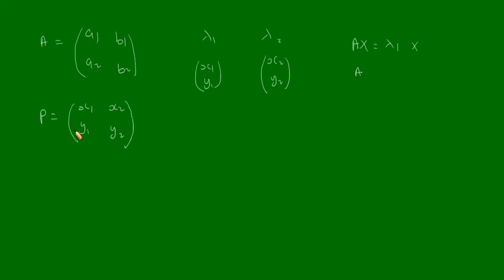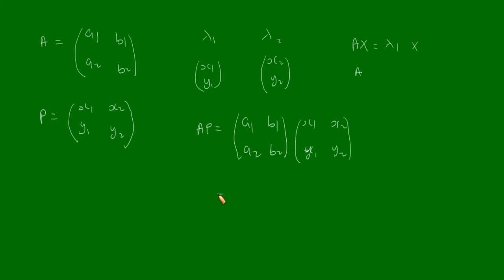So this is P. Now let us find A into P. So A is A1, A2, B1, B2 into P. Now P is x1, y1, x2, y2.